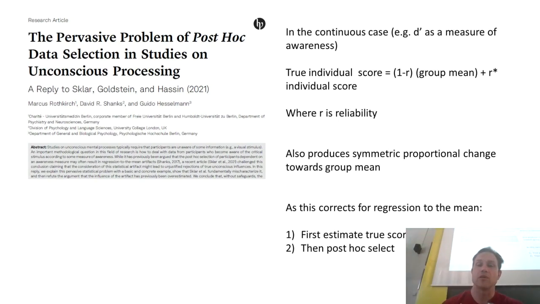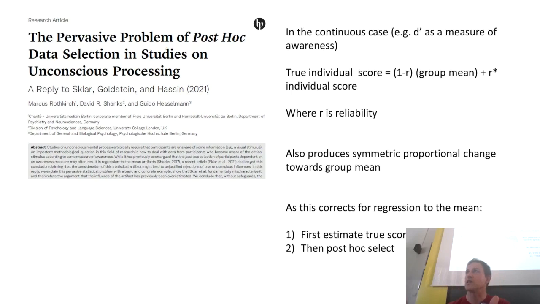But you could take the formula they use, and if you apply it to individual scores and rearrange it a bit, so this isn't what they did, I'm just using the same formula, we can correct each individual score according to their formula, and we shrink the values. We shrink them towards the mean. That's a correction for regression to the mean. We shrink the values according to the error in measurement.